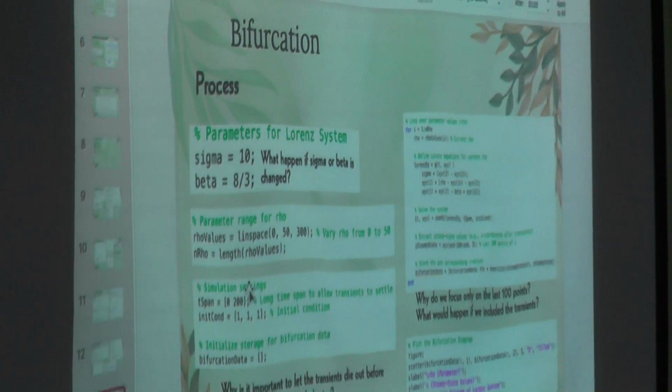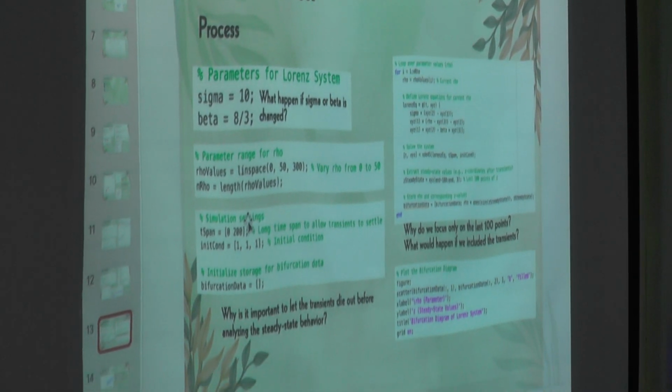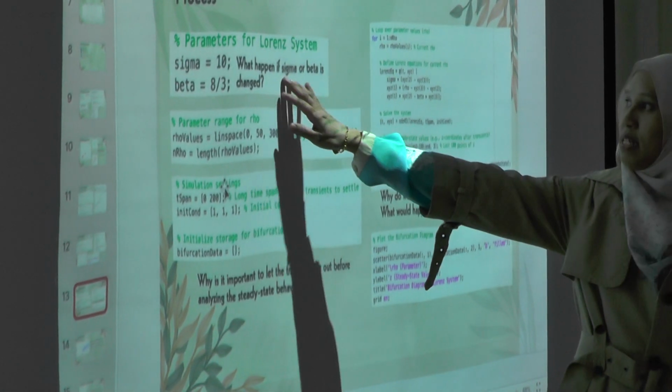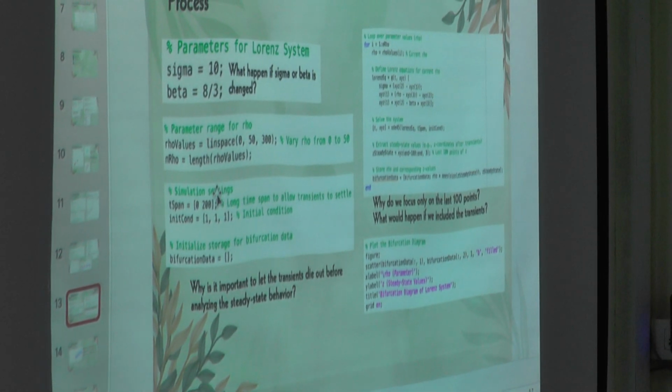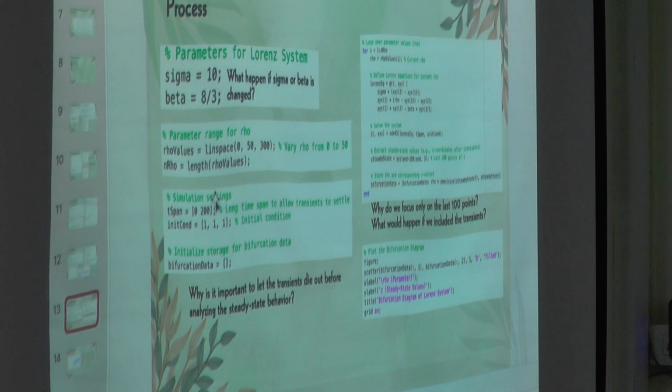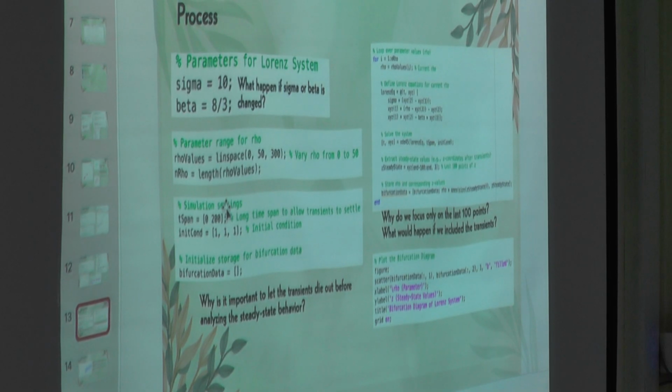I have the next one, but I have a few questions to ask here. What happens if sigma or beta is changed? I mean, what will happen if we change the value of sigma or beta? Just now we already tried to plot, right, when changing sigma and beta. So in the bifurcation diagram, what will happen?